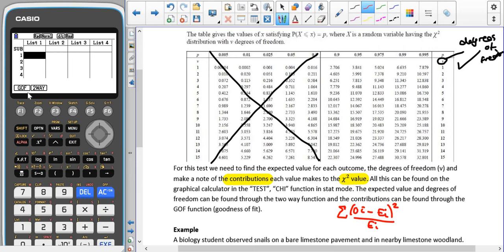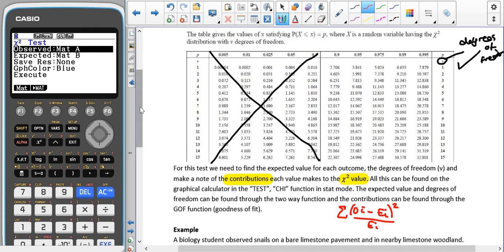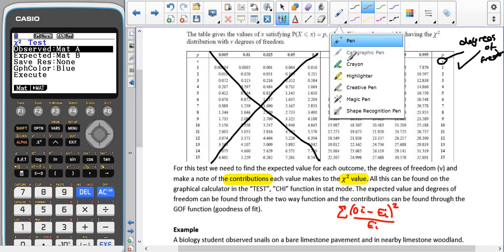This bit here we're going to talk about later, but for now we're going to have a look at two-way. And because we're using the graphical calculator to do this, we also automatically get our expected values. And we'll also be told from our graphical calculator, because we're using the two-way function, what the degrees of freedom are.